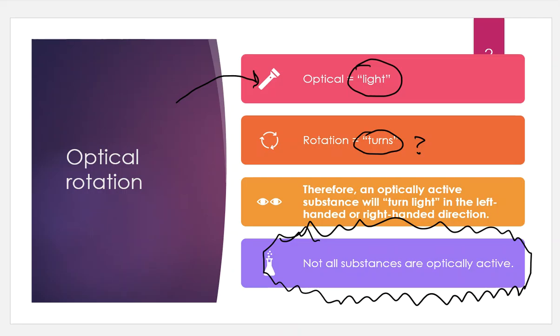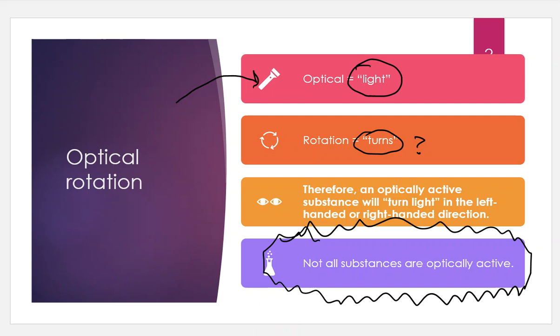But not everything does. Even maybe some complicated looking molecules and structures, there's a chance that might not rotate light either. So we're going to have to figure out, can we predict it?